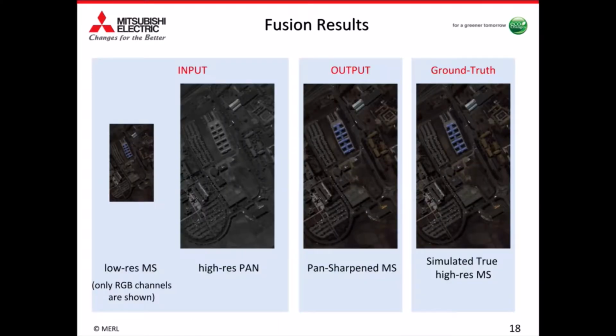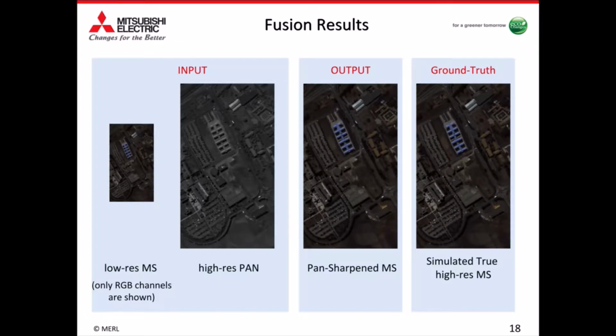With the verified effectiveness of the two separate priors in mind, we conduct our blind pan-sharpening experiment. We use Pavia University as the data. The data is basically hyperspectral imagery. We use it to synthesize a well-aligned multispectral image and panchromatic imagery.